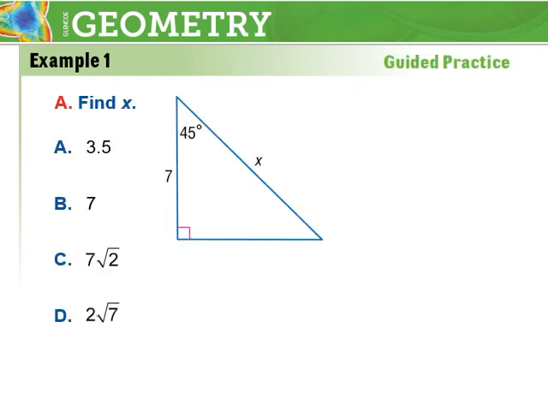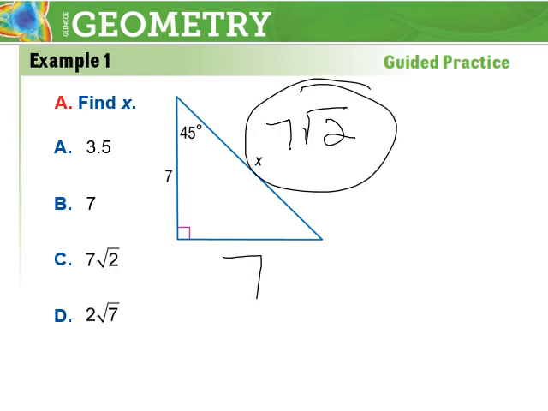Here's a practice one. I'll pause for just a minute. See if you can figure out which the correct answer is. Since this is 7, this is going to be 7 square roots of 2 and 7, but they really want to know this piece. So I would pick C. Oh, so nice.